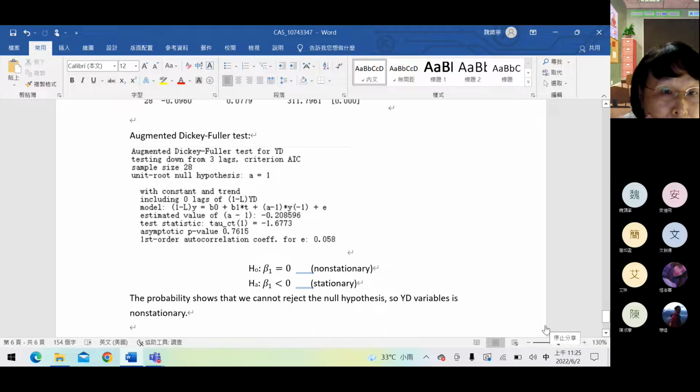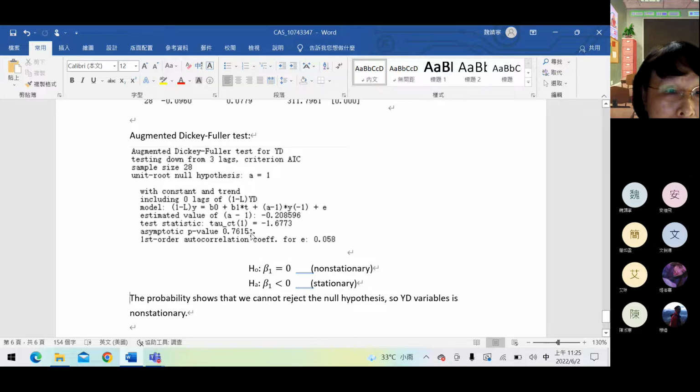Okay, look at this tau test critical test statistic, which is where is it? Negative 1.6773. This is a test statistic instead of a critical value, right? Oh yeah. Okay, then you are just able to see the p-values.